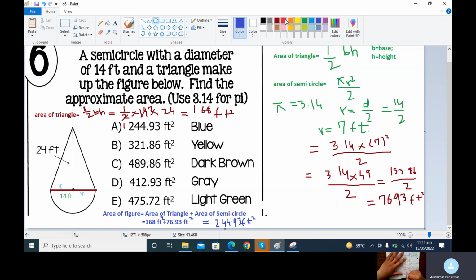It is obviously option A here. So this is your right answer. 244.93 feet square. So A is your right answer.